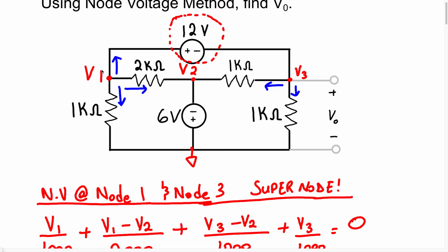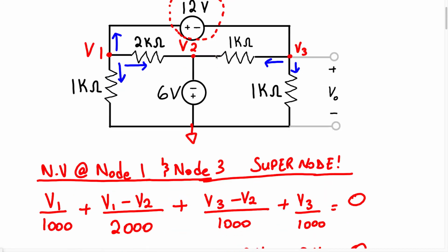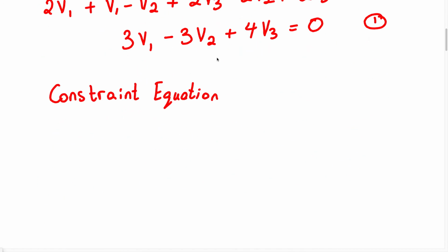Therefore, we're going to say V1, which is the voltage at node 1, minus the voltage at node 3, and that's going to equal 12 volts. So we're going to have V1 minus V3 equals 12 volts. And this is going to be equation 2.